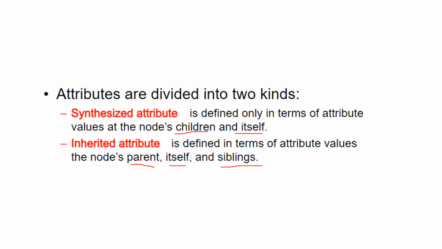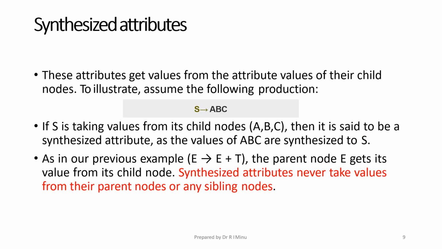So we have two types, synthesized attributes and inherited attributes. Now the example of synthesized attributes. As we discussed earlier, synthesized attributes mean that if we evaluate a child node, then only we get the parent node value. Take this production S tends to A, B, C. These are the child nodes.